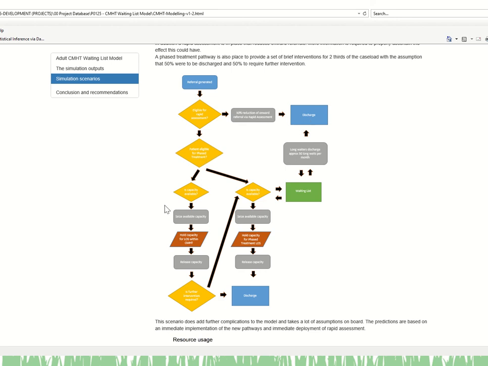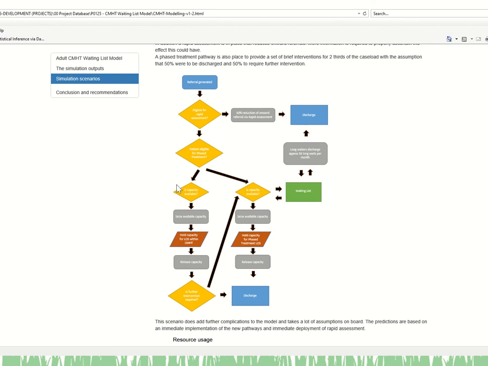Then there was a new treatment pathway where about 50% of patients would be eligible for a phased treatment, and they would go down a separate pathway. Of those patients who go through this more rapid pathway, they would expect about 50% of those to be discharged at that section. And then 50% of them would go onto the standard pathway and then go down this normal pathway, as it were, and then be discharged.